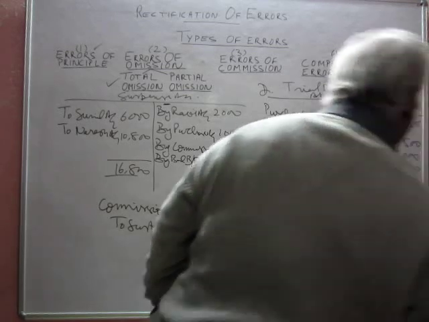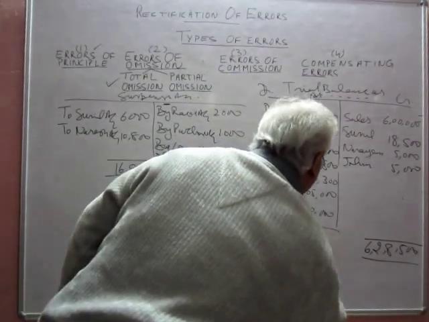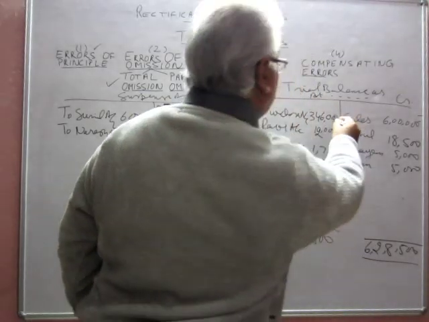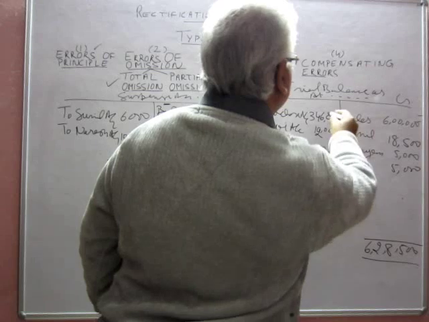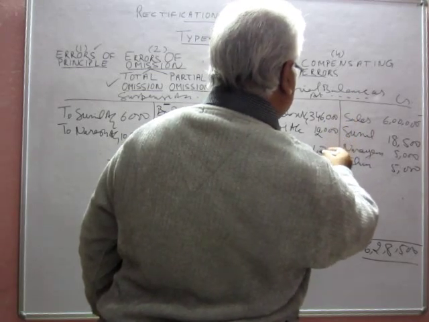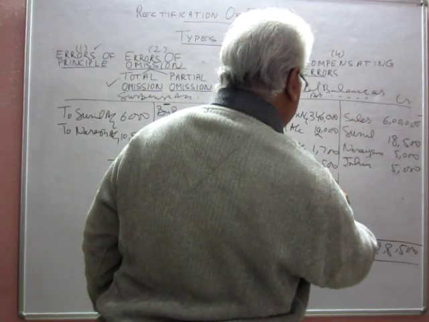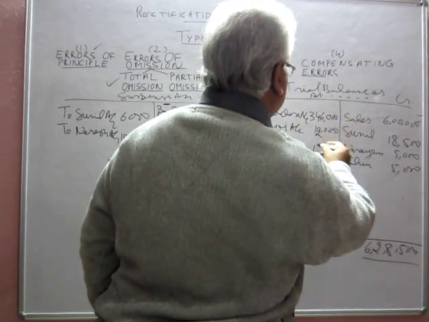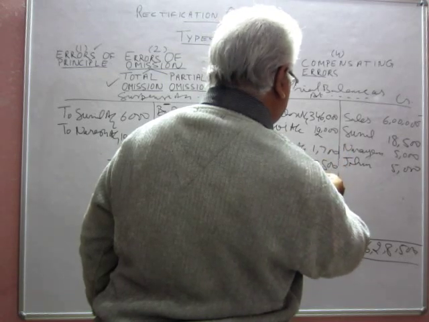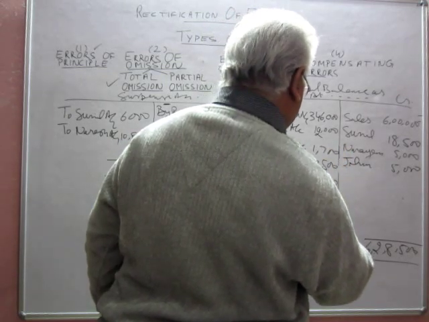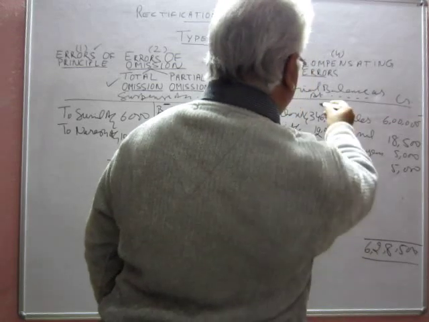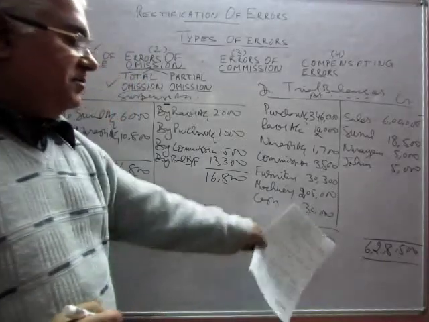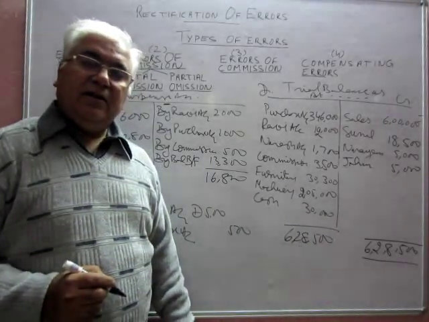This side 6,28,500. This side also should be this. Correct. So that means now both our sides are tallying.